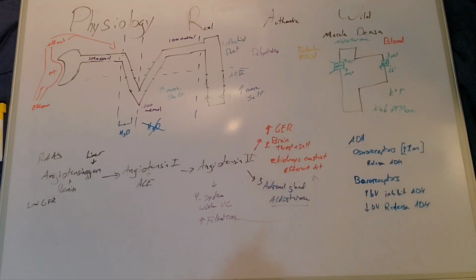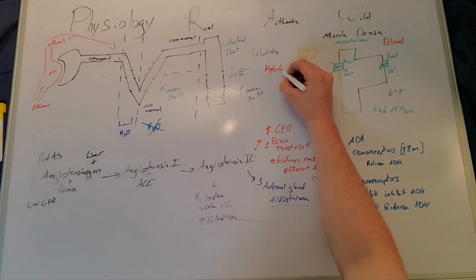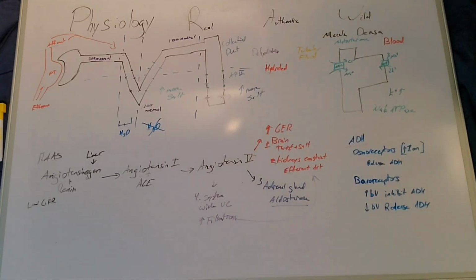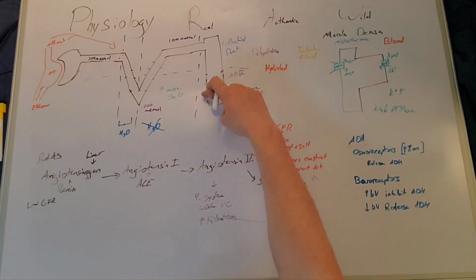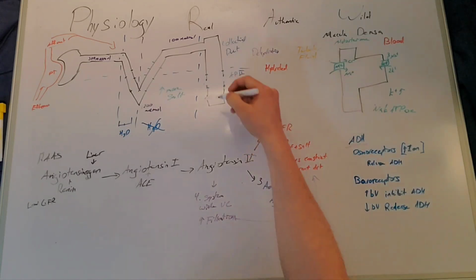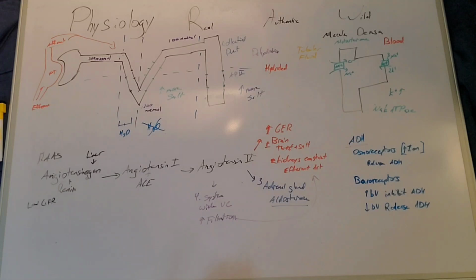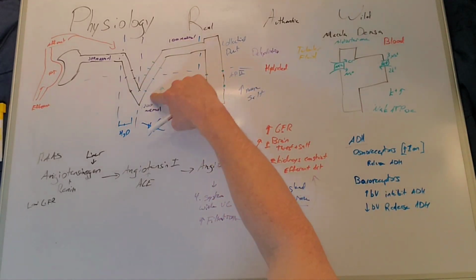But if we're very hydrated, I wonder if I could put this in red actually. So hydrated. Then we want to get rid of more of that water. So we're going to take away those aquaporins, and even get rid of aldosterone. If we get rid of aldosterone, then it's less salty.